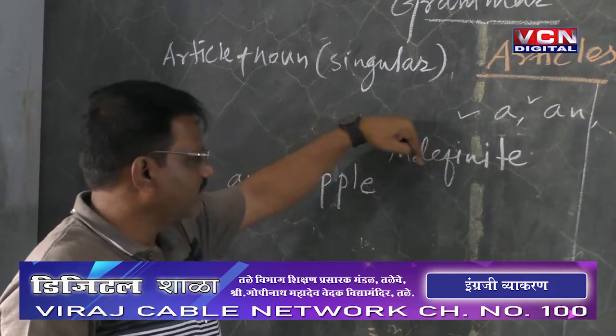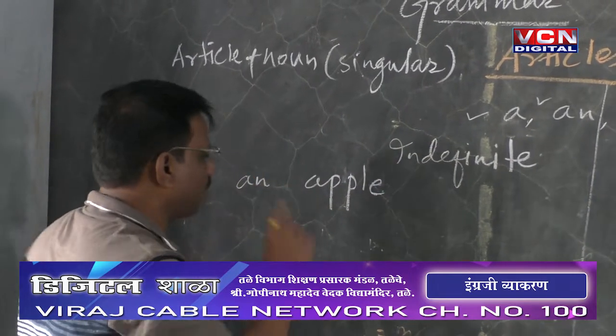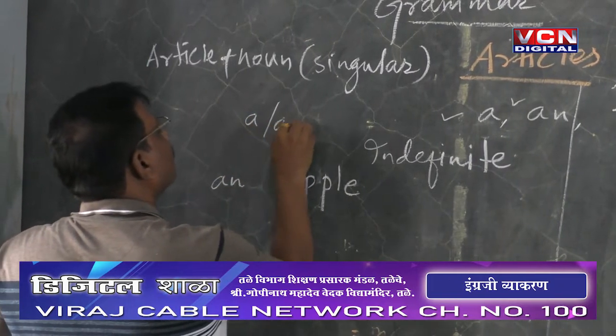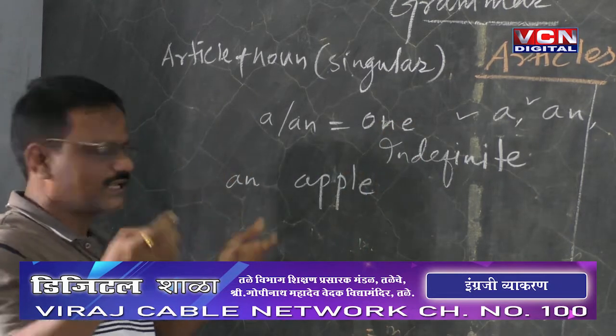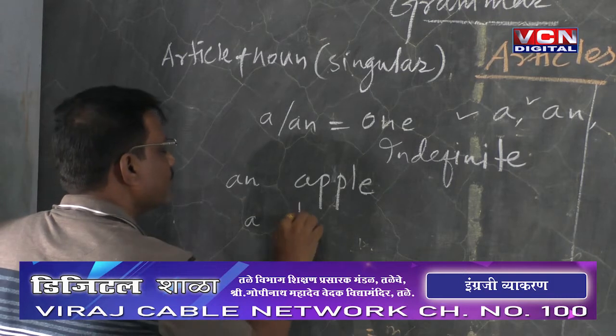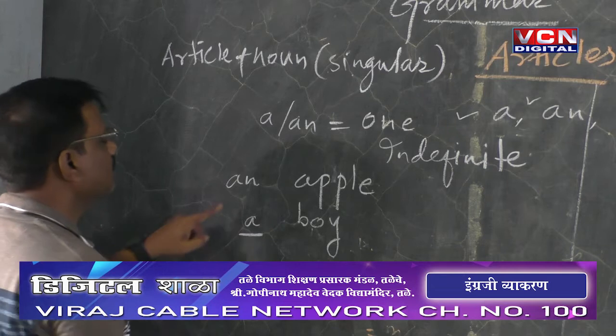As far as indefinite articles are concerned, a or an mean one. A or an is equal to one. If you want to say one boy, you will use the article a.